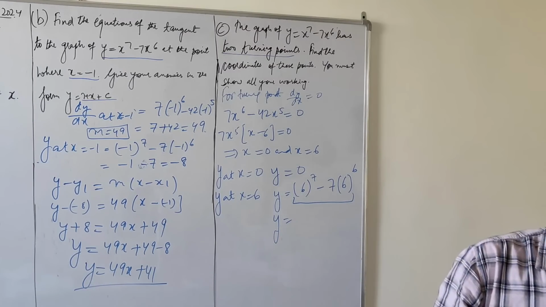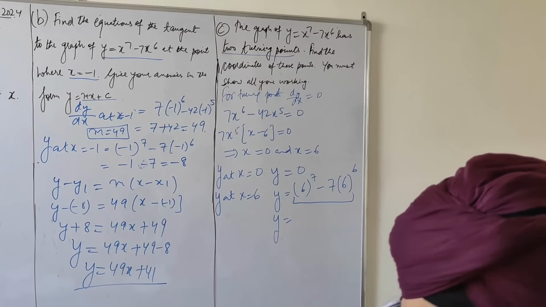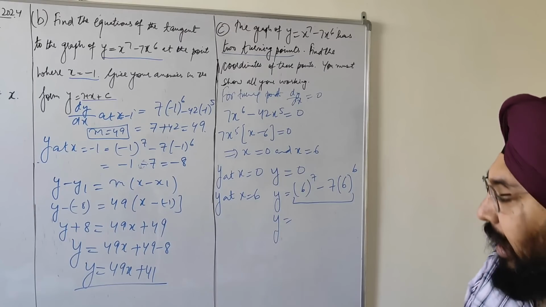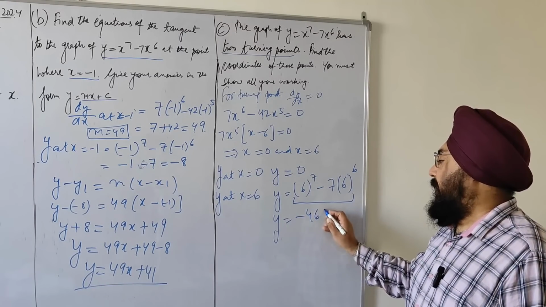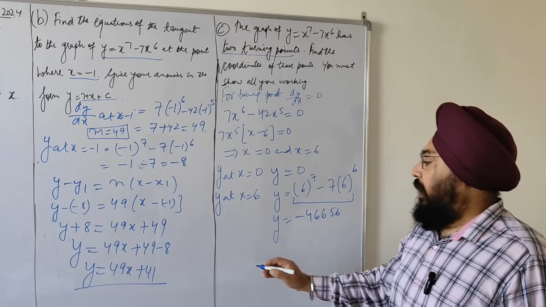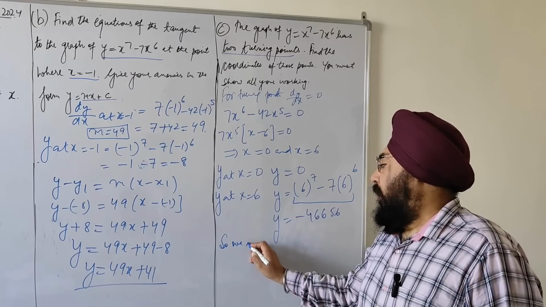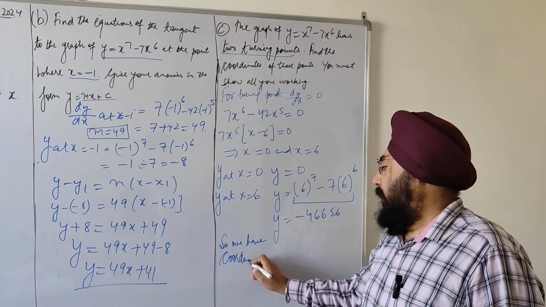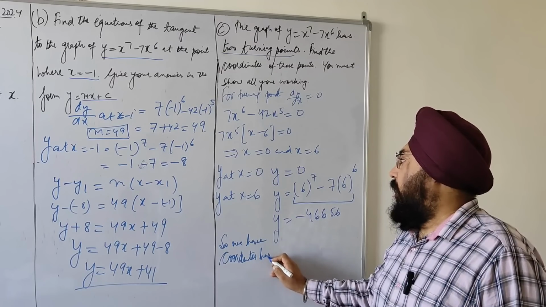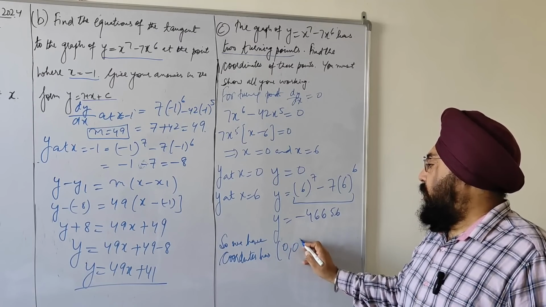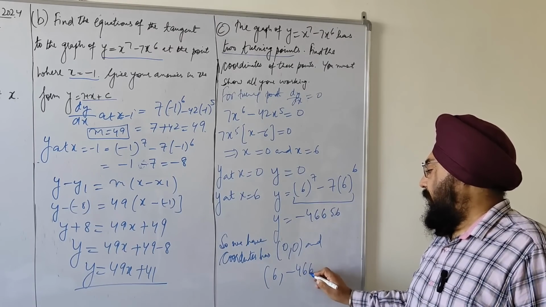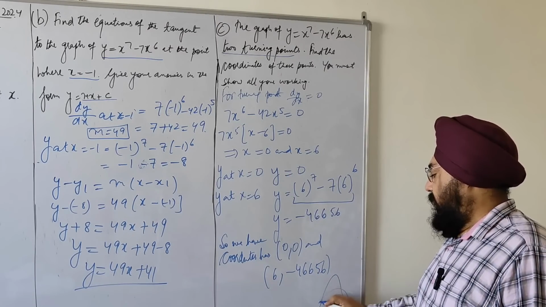Let me use a calculator. Y will be equal to minus 46656. So we have the coordinates of the turning points as (0, 0) and (6, minus 46656).